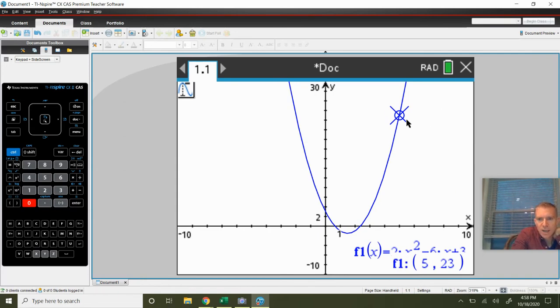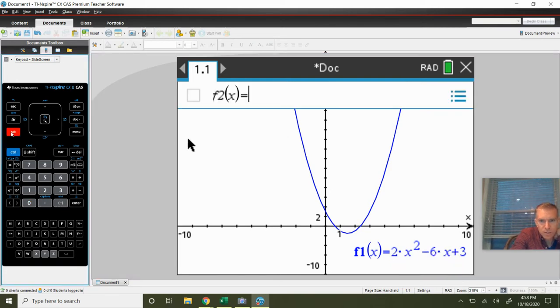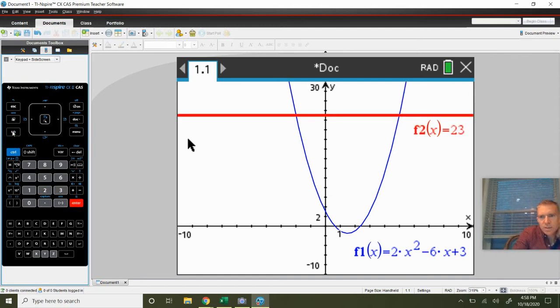And if we were to type in the line y equals 23, let's go to tab. Tab is going to let you write in another function, 23. And we can see when y is 23, these are the two values. This is the y value for our two x values.